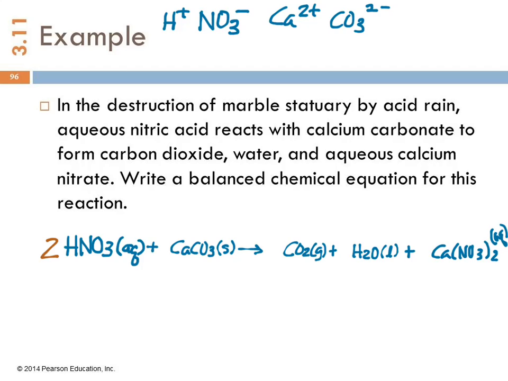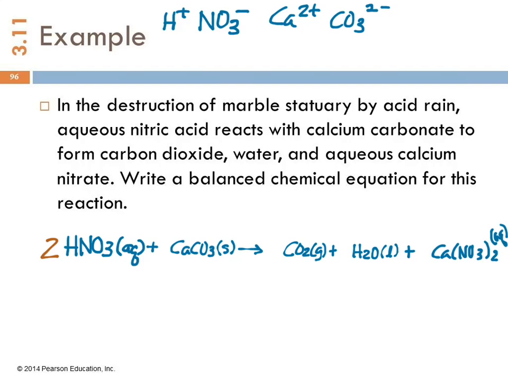Oxygen, I'm just starting at the left here going HNO. There's oxygen everywhere. I'm going to skip him for now, because what often happens is the last one kind of takes care of itself. So I'm going to leave him alone for now. Look at calcium. 1 calcium on the left, 1 calcium on the right. Well, that's convenient. Carbon, 1 carbon here, 1 carbon there.